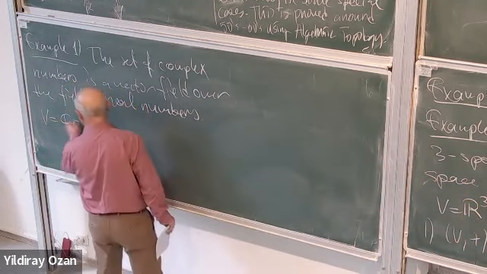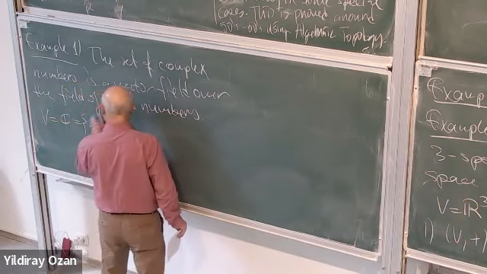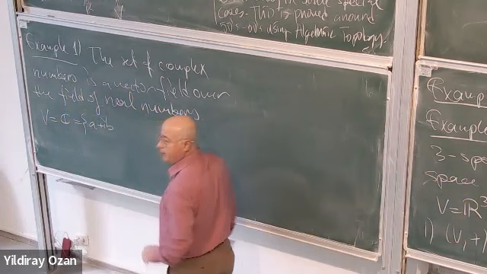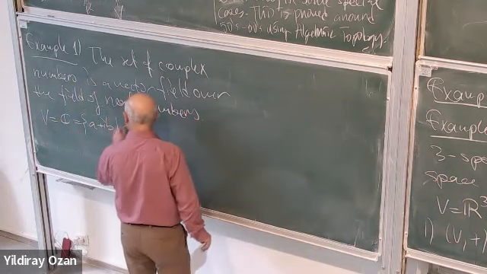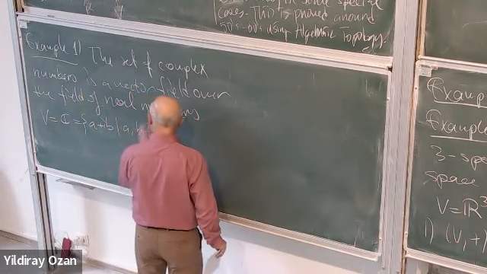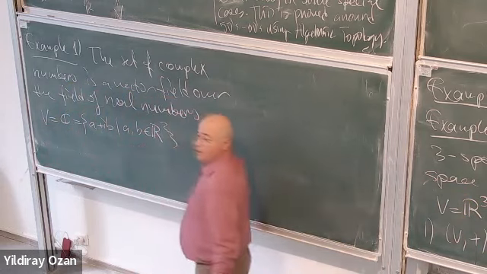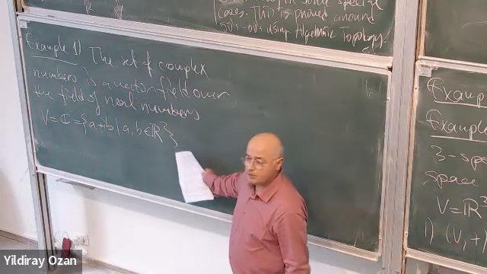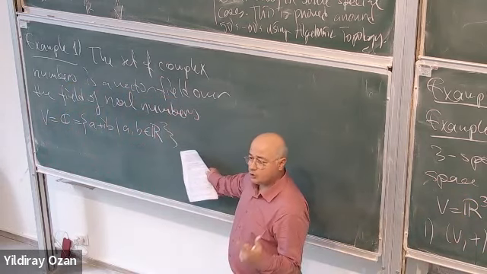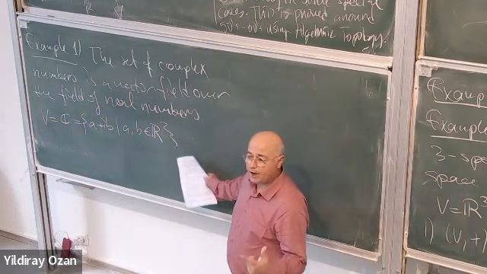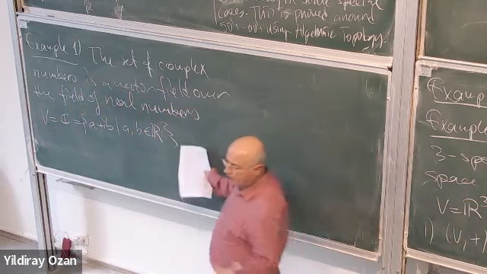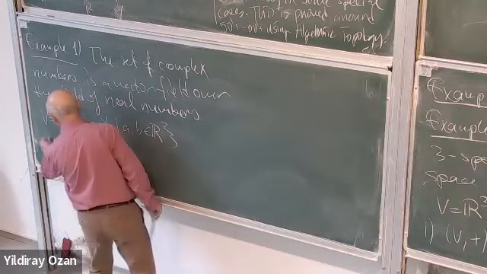What do we mean by that? We mean things like this, right? a plus ib, a and b are real numbers. This is my vector space. So I should tell you how I add two complex numbers. Well, we know already how to add two complex numbers.